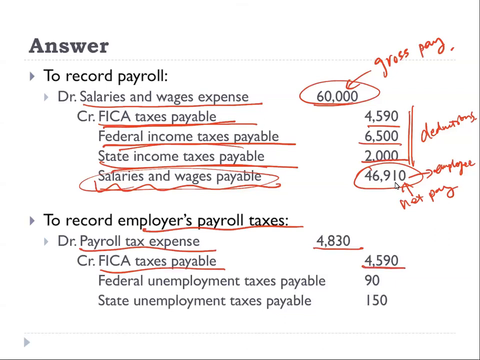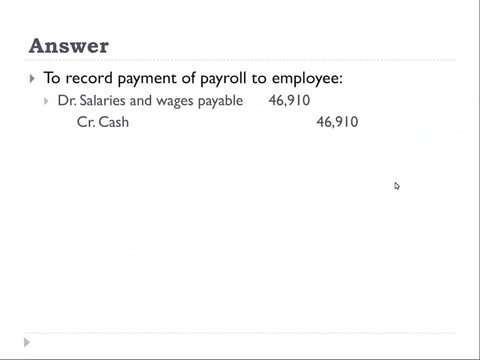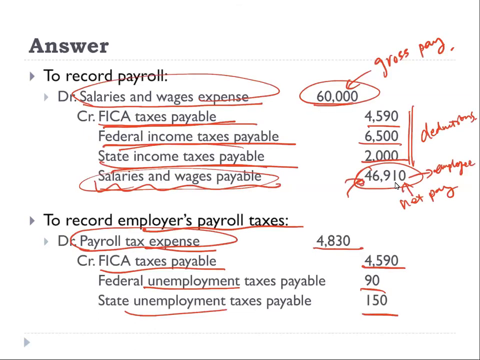Whatever you paid, they need to match that. And also the federal and state unemployment tax. Those are called payroll tax expense. Those are different from your salary and wage expense. So this is the payroll. And when payroll is paid to you, they debit salary and wage payable and credit cash for this amount. So this is whatever is paid to you eventually.